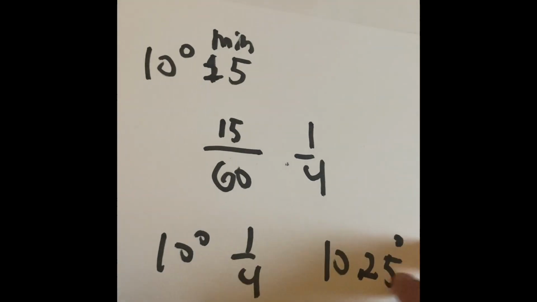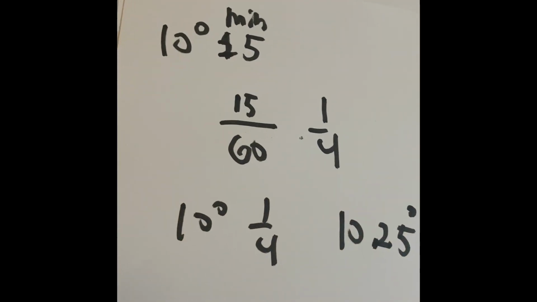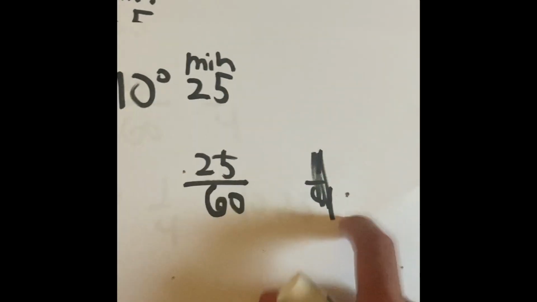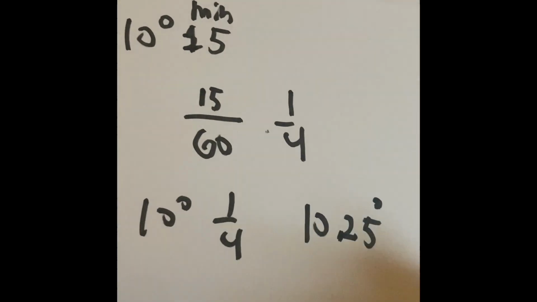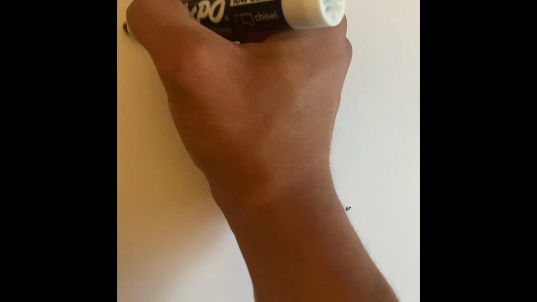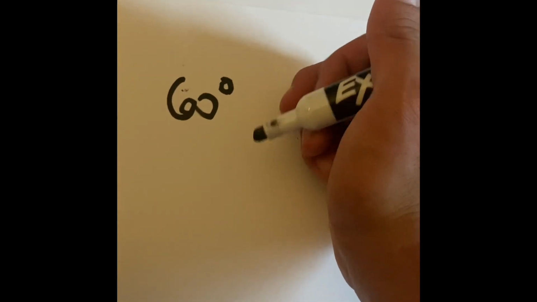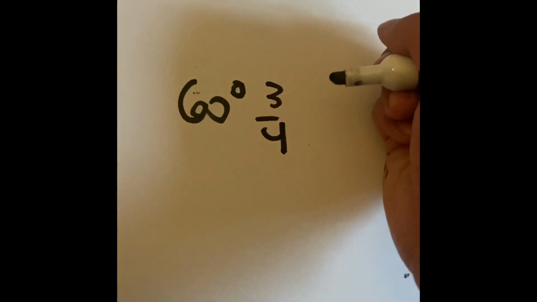So these two examples are examples when you want to have the measurement of a time turned into a fraction. But sometimes your math teacher might want you to do it the opposite. If we had degrees and a fraction, and your teacher wanted it in time, we have to do things a little bit backwards, in reverse. So imagine we have a clock that makes 60 degrees, and it has 3 over 4 as a fraction.